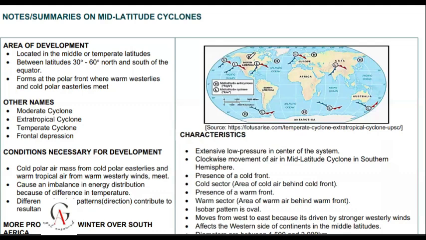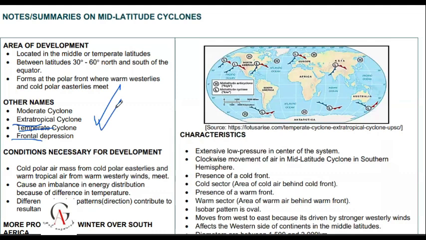Mid-latitude cyclone is the common name that we use for the weather system, but you might get a question which requires you to identify another name for it. They are also called moderate cyclones, extratropical cyclones, temperate cyclones, or frontal depressions. These are typical names of the same weather system.